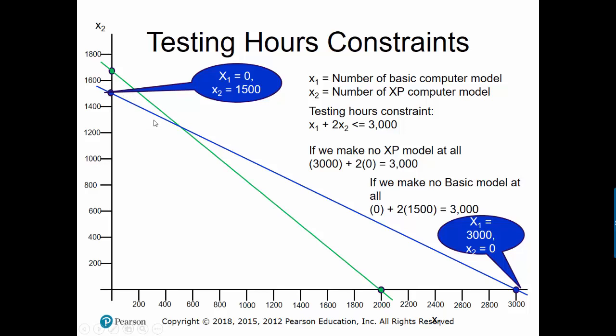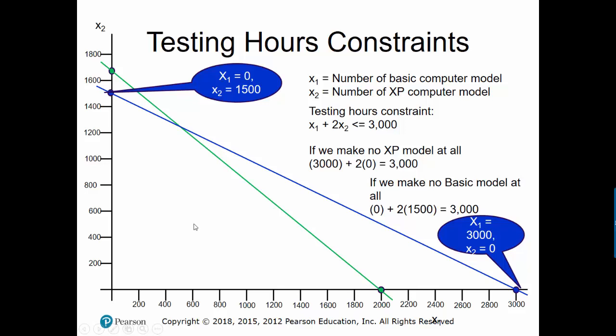Okay, and now at this point, all the points in this area will satisfy both the first and the second constraint. See, these points satisfy the first constraint but not the second. These points satisfy the second constraint but not the first. Now these points satisfy both the first and the second constraint.